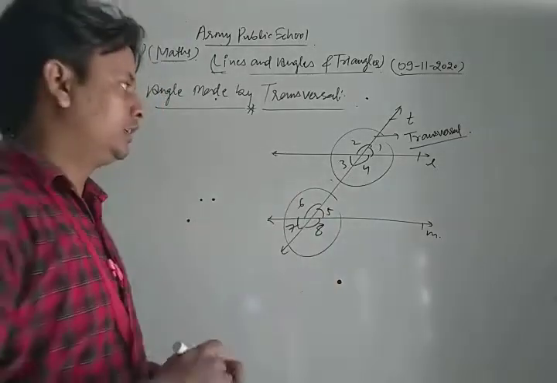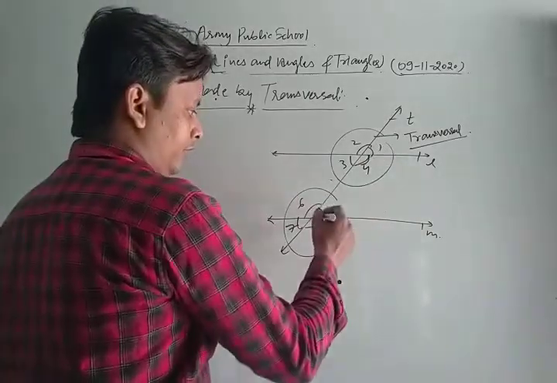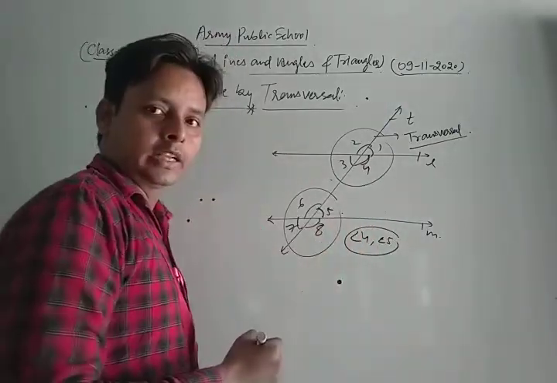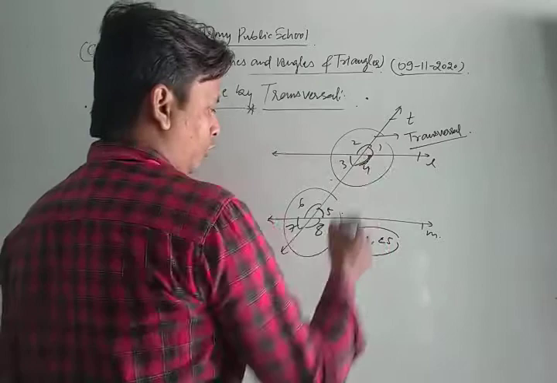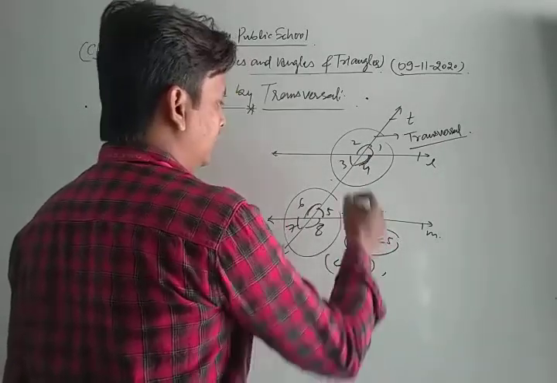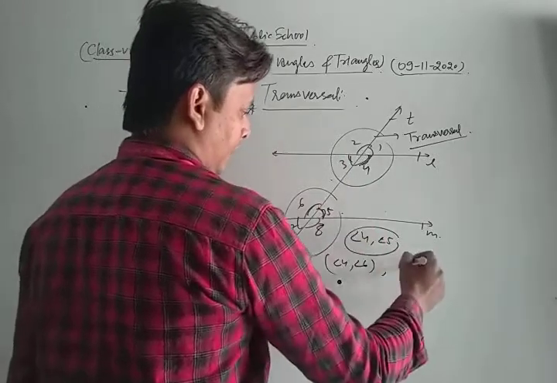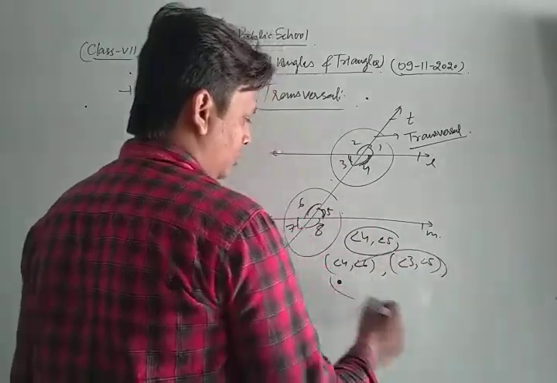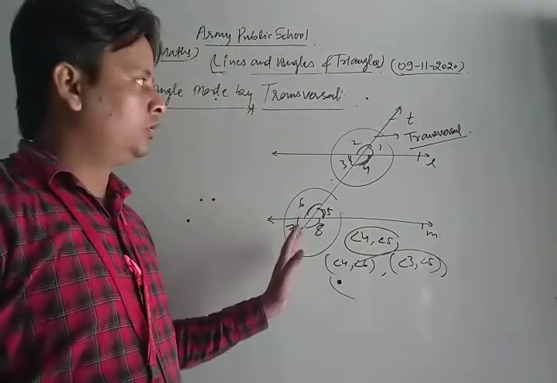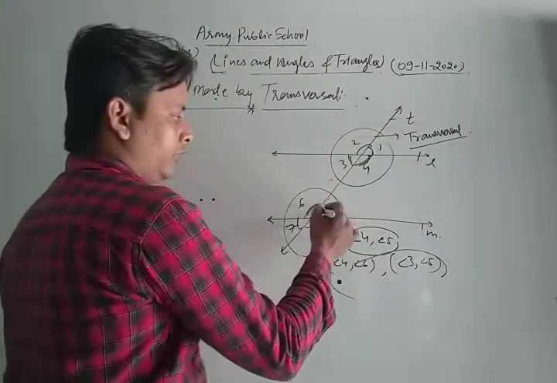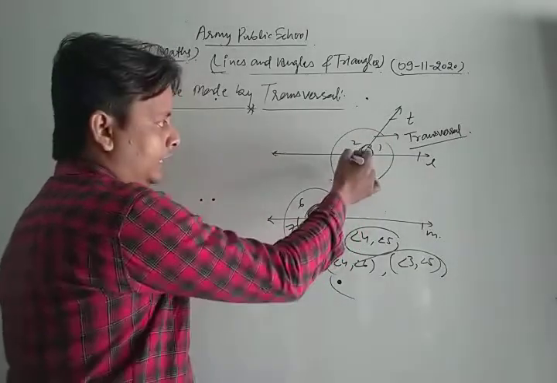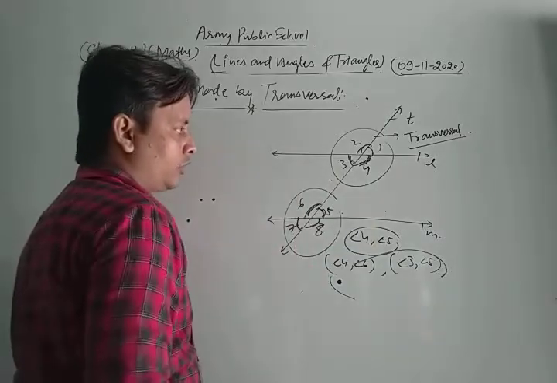Here the pair 4 and 5 are consecutive interior angles, and angle 4, angle 6, and angle 3, angle 5 are known as pairs of alternate interior angles. Angle 1, angle 5; angle 2, angle 6; angle 4, angle 8; and angle 3, angle 7 are pairs of corresponding angles.